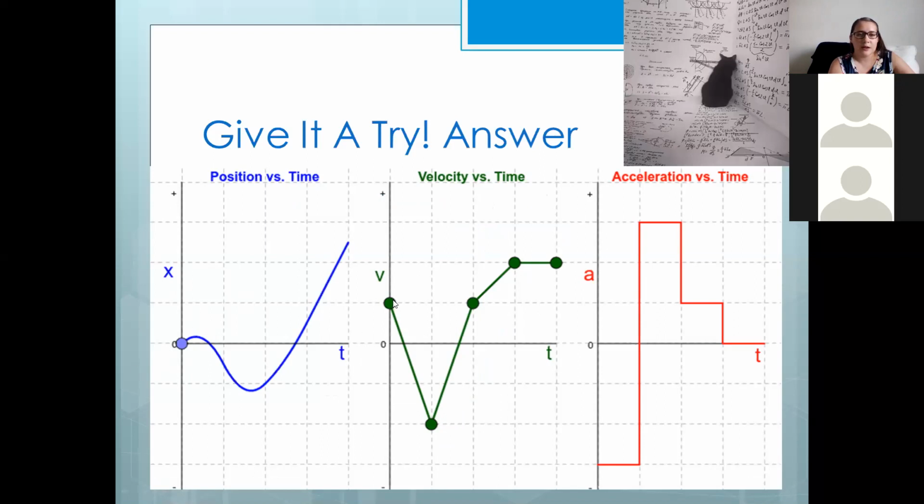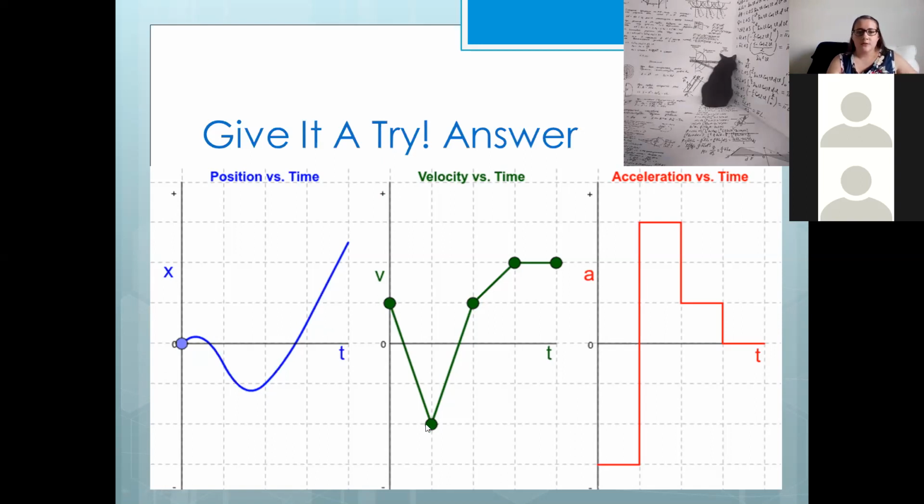So our velocity starts out positive. But then at the top of this first hill, our tangent line becomes flat, right? So our velocity decreases to 0. Right here you can see it crossing the axis at 0. And then it's negative as it looks like it's going down that hill in our position graph.